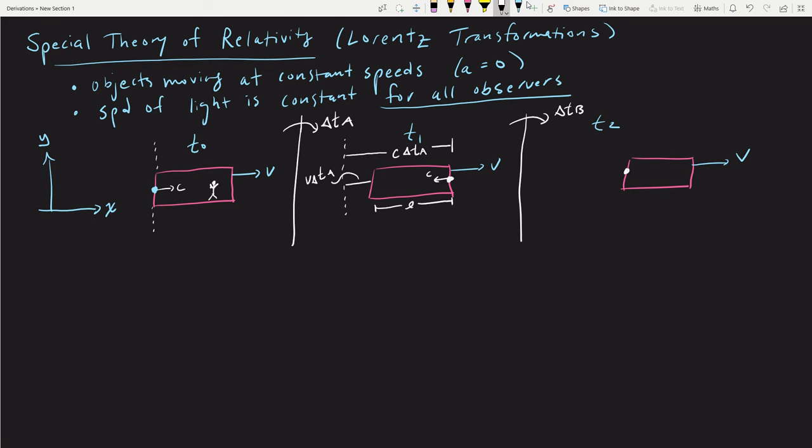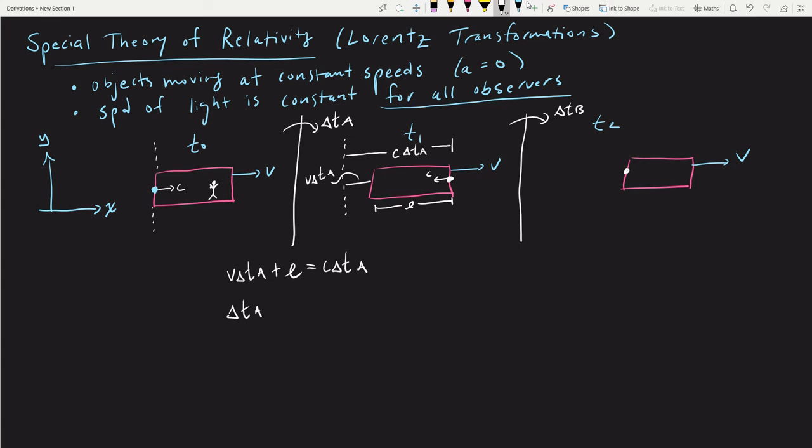So we can construct a simple equation here using delta TA. What we're going to get is v delta TA plus L equals c delta TA. So let's rearrange for delta TA.